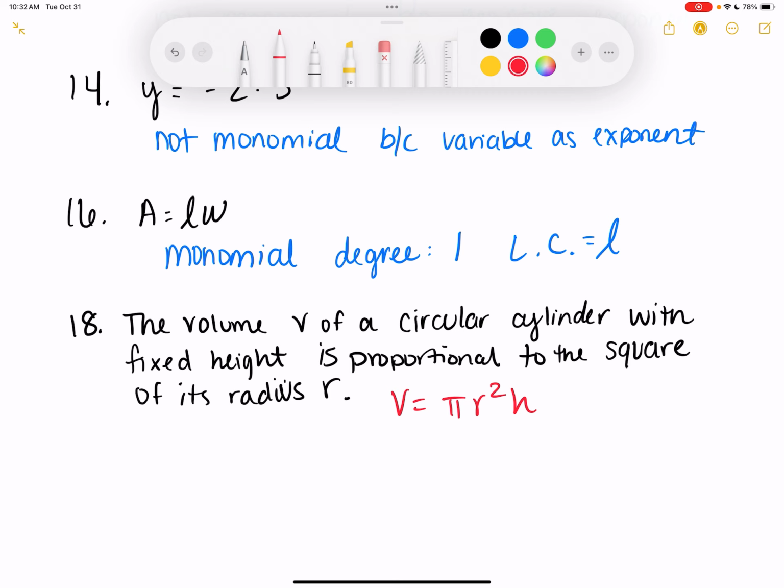Well, it tells us that it's fixed, but does it specify what constant to use? No, it doesn't. So it told us to use the letter K for that, so the actual answer is going to be V is equal to K r squared, because K is the constant value that goes in front of it.